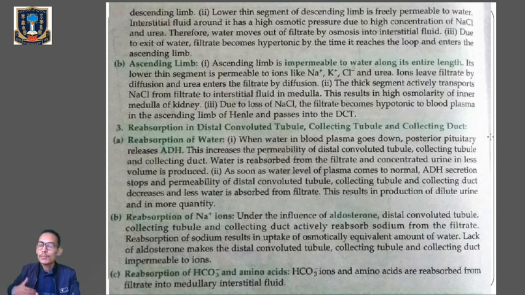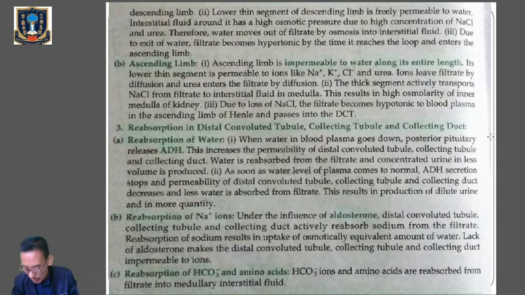That means in the presence of aldosterone, they become permeable to ions and take up more sodium ions along with water. But in the absence of aldosterone, the DCT, collecting duct and collecting tubule become impermeable to ions.